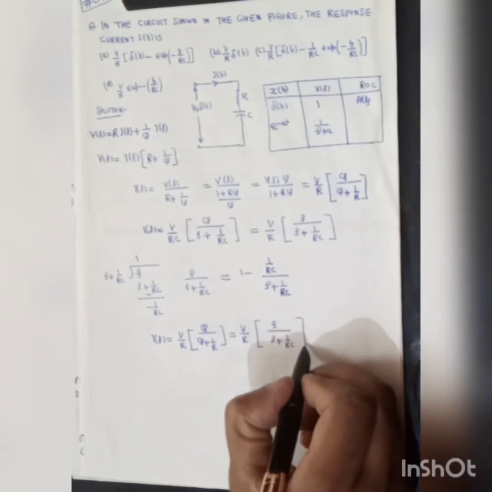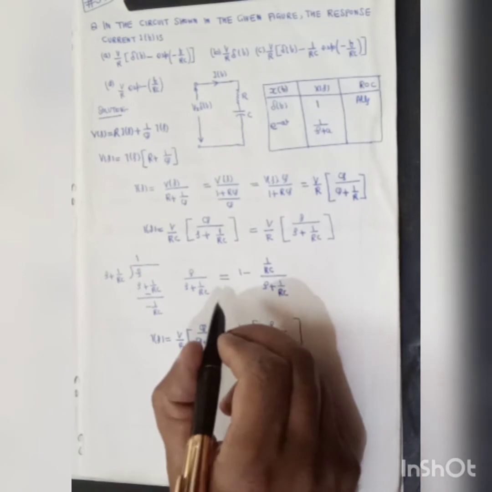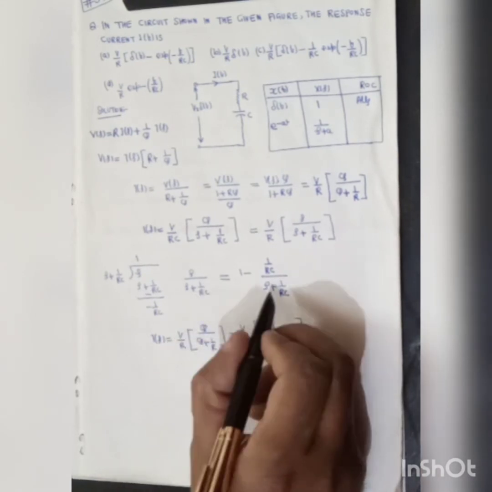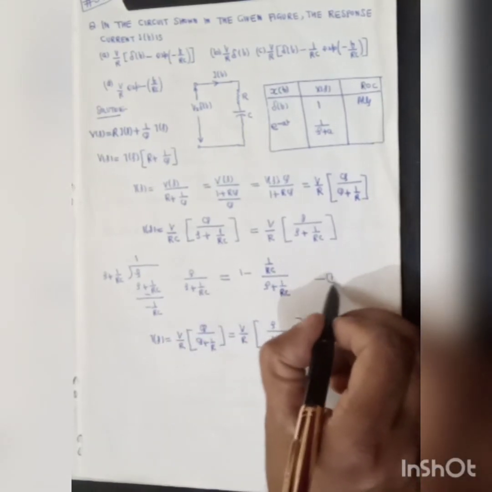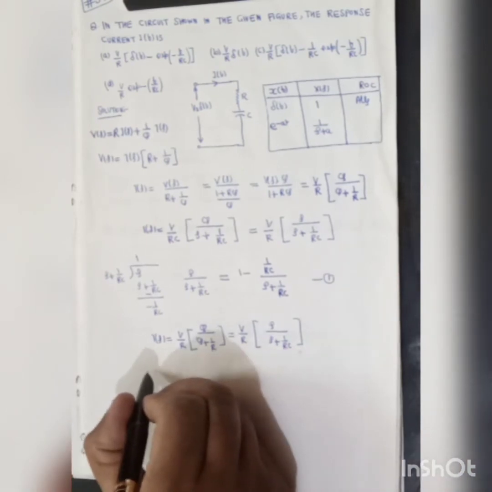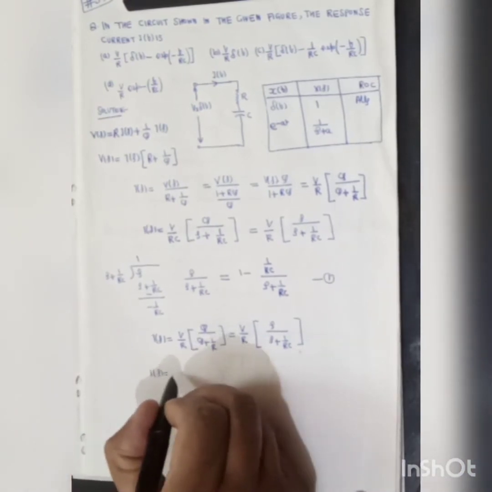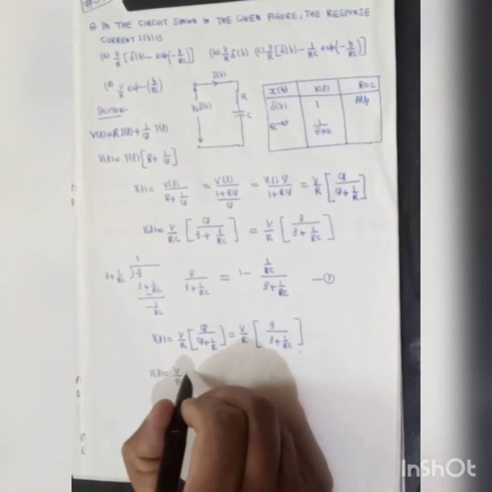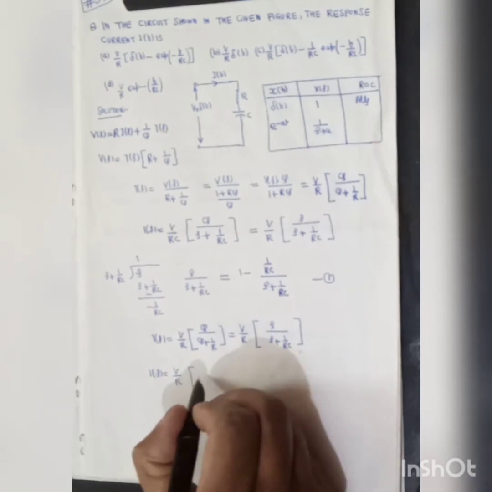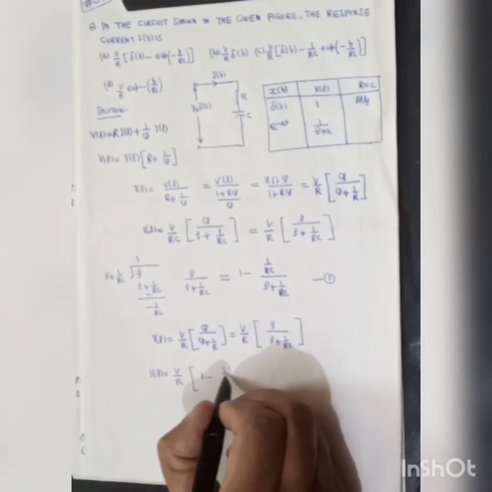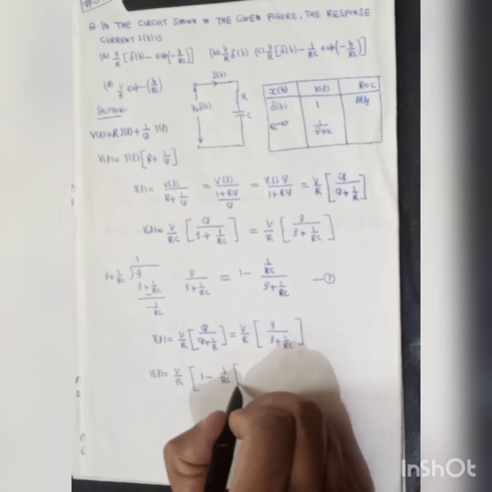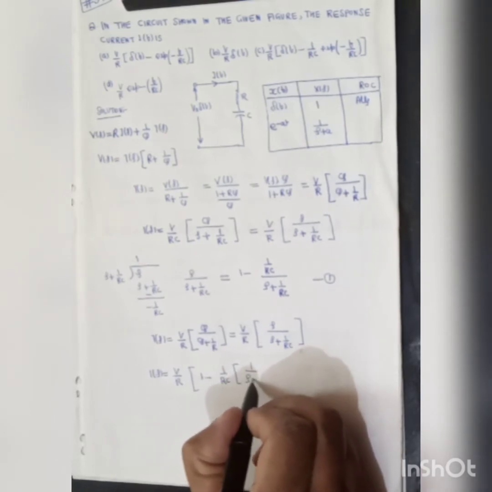Now in place of s divided by s plus 1 upon RC, we will write this expression from equation 1. So I(s) can be written as V divided by R, into 1 minus 1 upon RC in bracket, 1 upon s plus 1 upon RC.